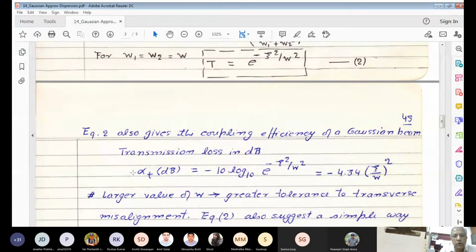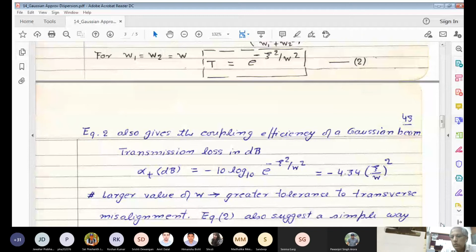You can also find the loss in dB, which would be minus 10 log 10 of exponential minus xi square by W square, and this would come out to be 10 times log 10 base e times xi upon W, whole square.